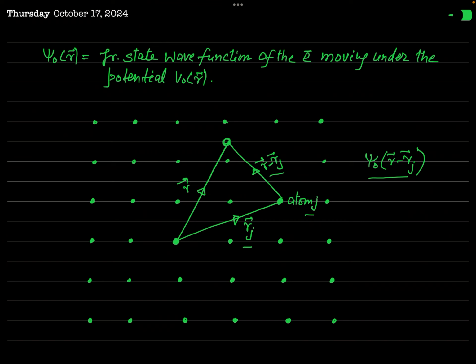Okay. Now, once you know the wave function of an electron situated near this jth atom, then by summing over, or you can say by taking the linear combination of wave functions like psi naught of r minus rj, you can get the crystal wave function for the electron, and that can be written in this manner.